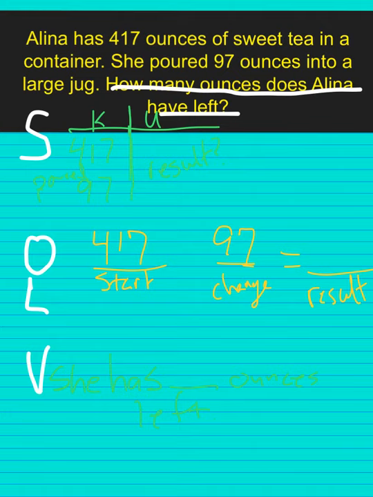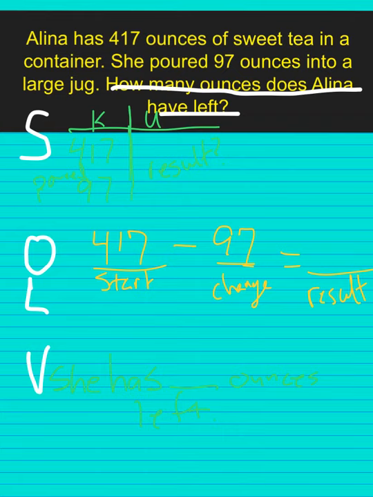If you have this container and you're giving some away, you're getting less tea, and to get less tea, we're subtracting. But before we think about subtracting, we're separating, right? We're separating tea that we want in one container from tea that we have in another container. So we're separating with our result unknown. In this case, we have to subtract to find that separation and get the result that we're looking for.